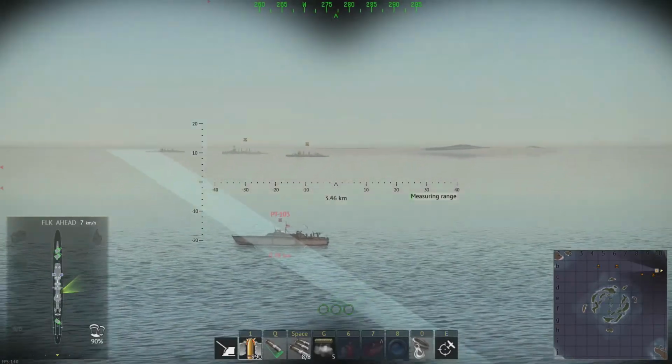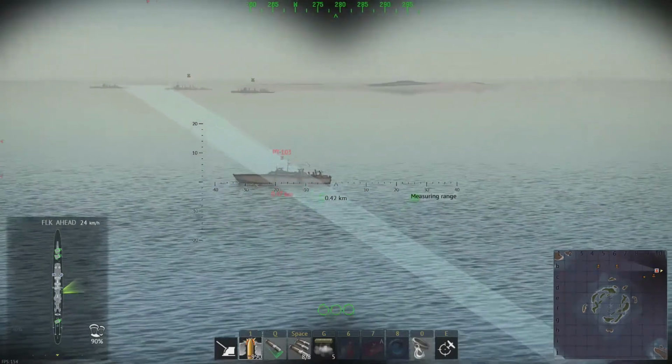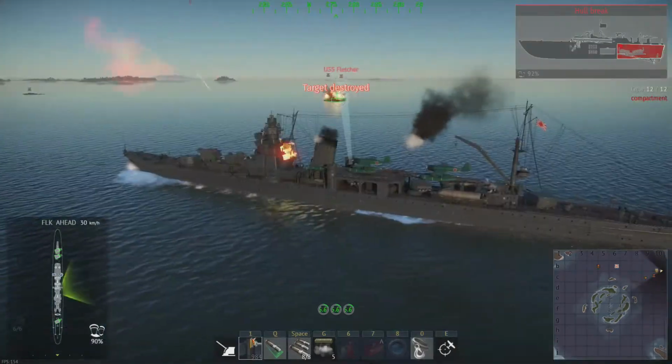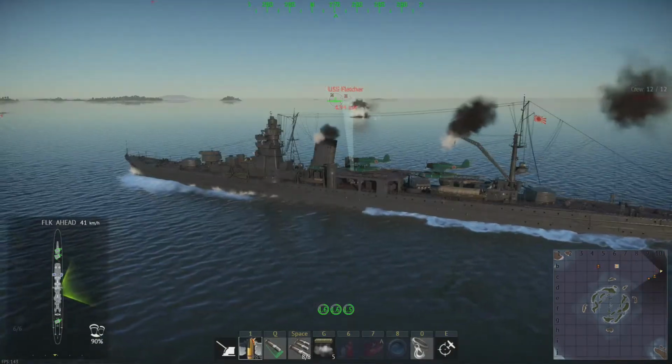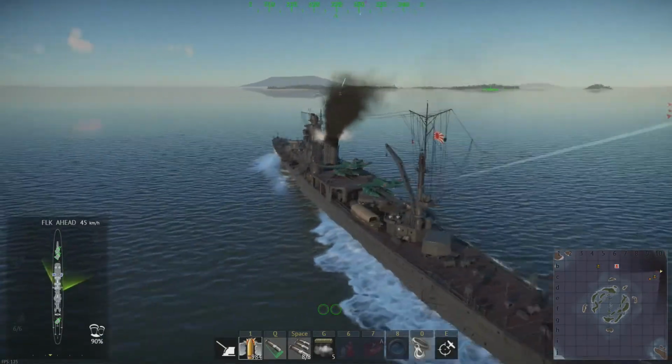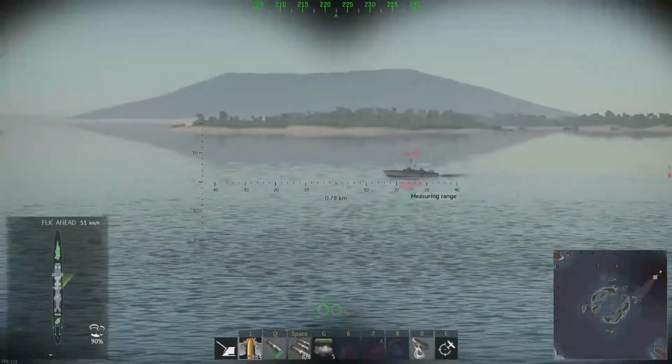So these targets right there are capital ships that are not moving. You see these ships? They're just stationary. So I'm going to launch some torpedoes at them.